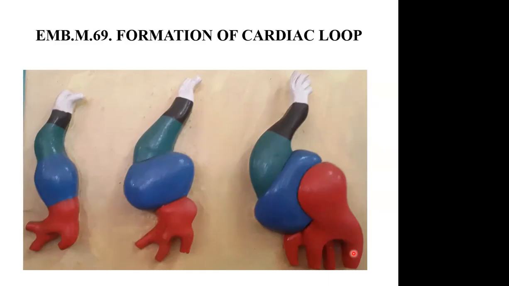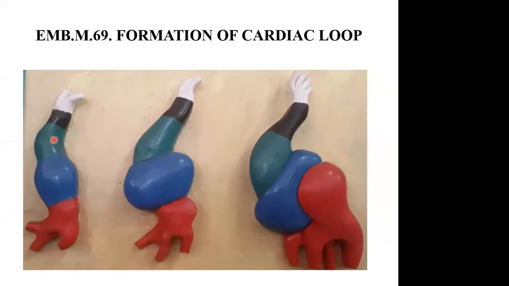One is the outflow tract of the right ventricle. What is that outflow part of the right ventricle? Infundibulum. The outflow part of the left ventricle is the aortic vestibule. So the conus gives rise to the infundibulum of the right ventricle and the aortic vestibule of the left ventricle.